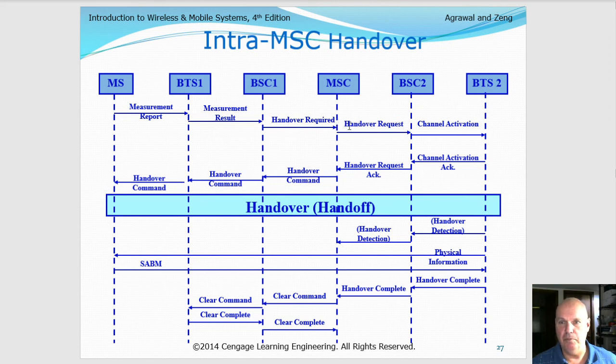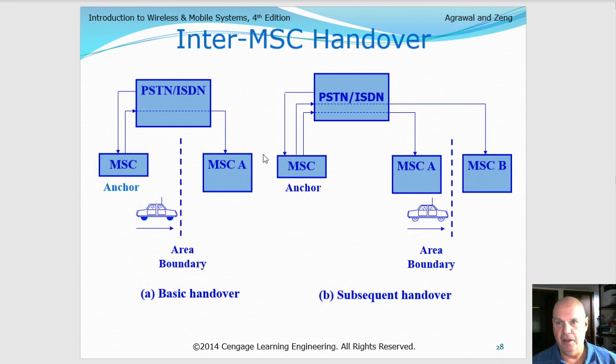Actually, this is between two base station controllers handled by the same mobile switching center, but a lot more steps are involved in that particular handoff procedure. And then finally, if it's between mobile switching centers, the home mobile switching center has to be involved. Communication has to take place over the traditional backbone network, so that the relocation information can be passed back and forth with the home mobile switching center.